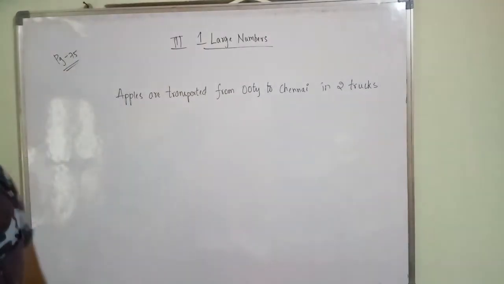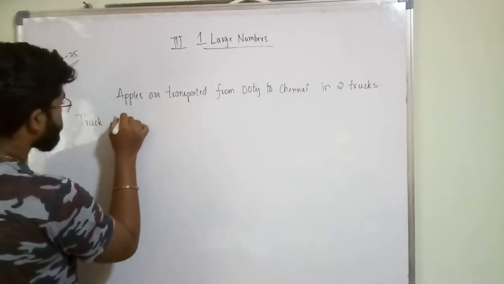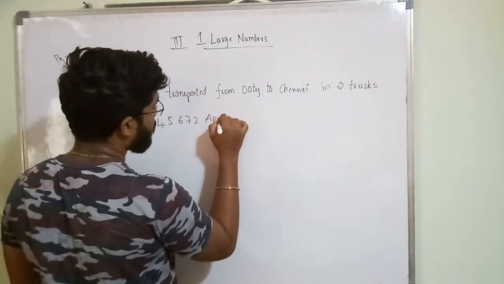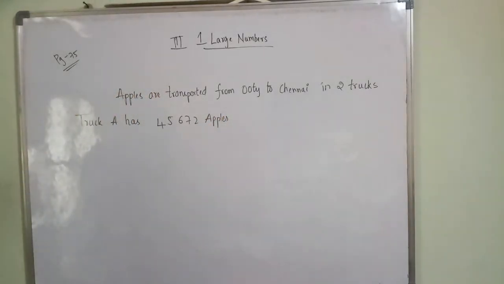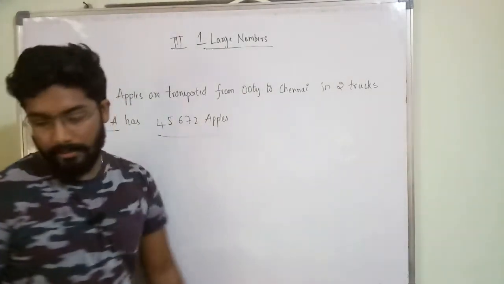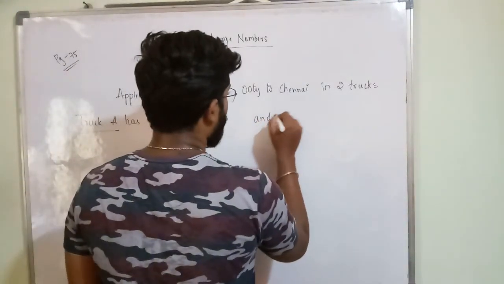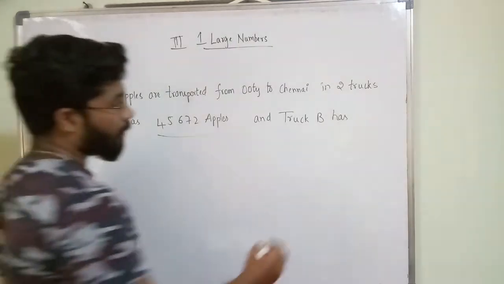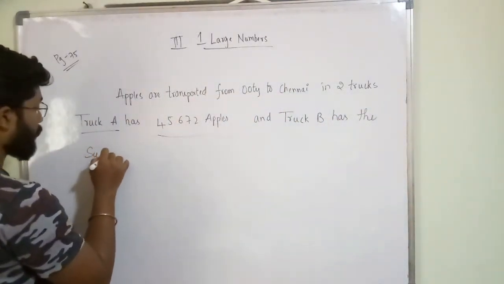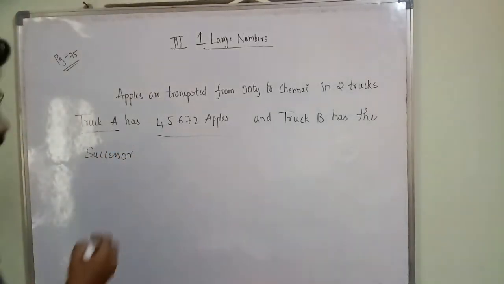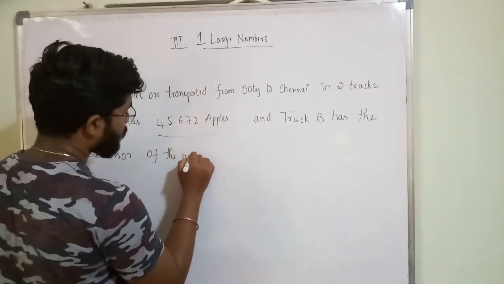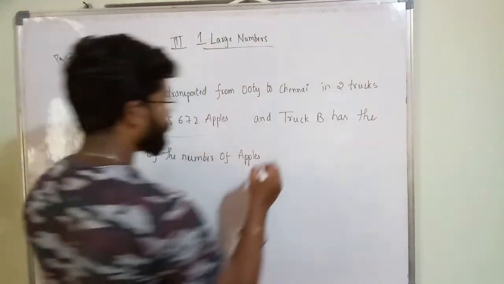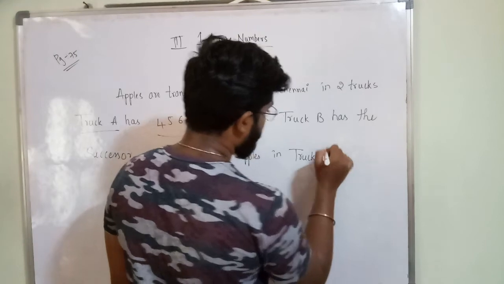Truck A has 45,672 apples, and truck B has the successor of the number of apples in truck A. Which truck has more number of apples?